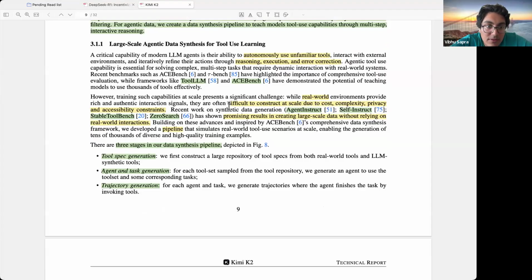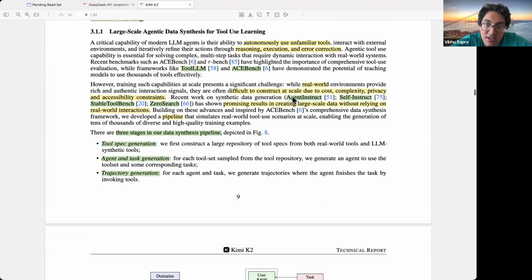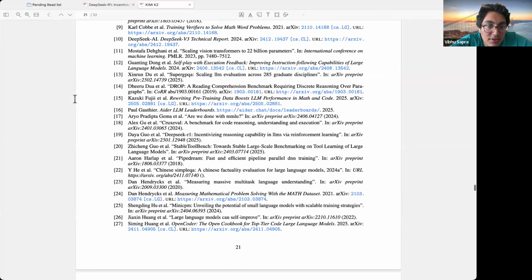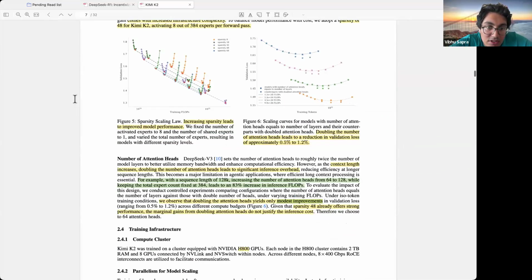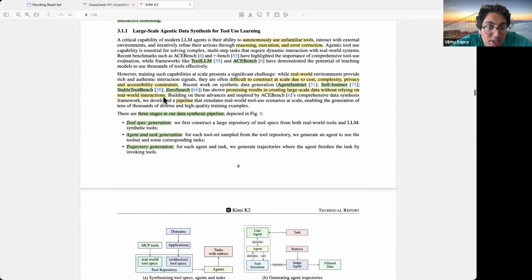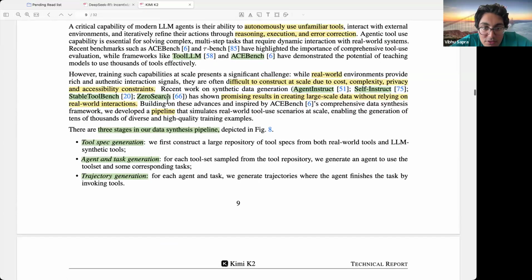Real world environments are rich, but difficult to construct at scale because of complexity, privacy, and accessibility. Recent work on synthetic data gen includes AgentInstruct, Self-Instruct, StableToolBench, and ZeroSearch. I think we covered AgentInstruct and Self-Instruct. Two new ones that they talk about here, that if you're interested in synthetic data gen you should probably check out, are StableToolBench and ZeroSearch.